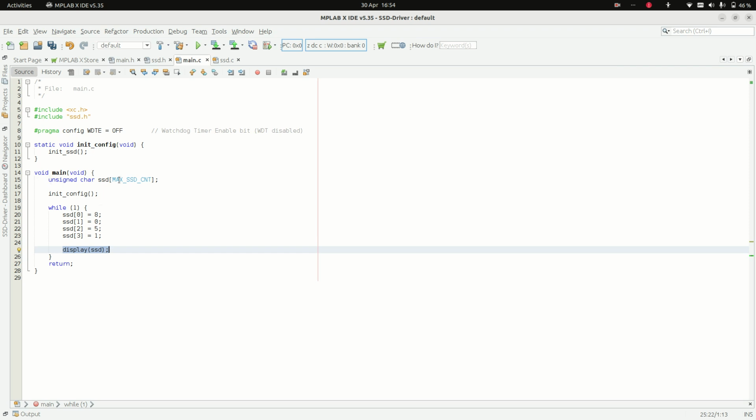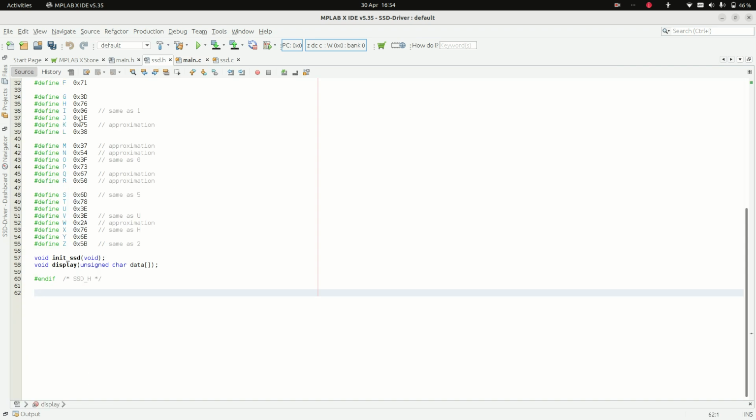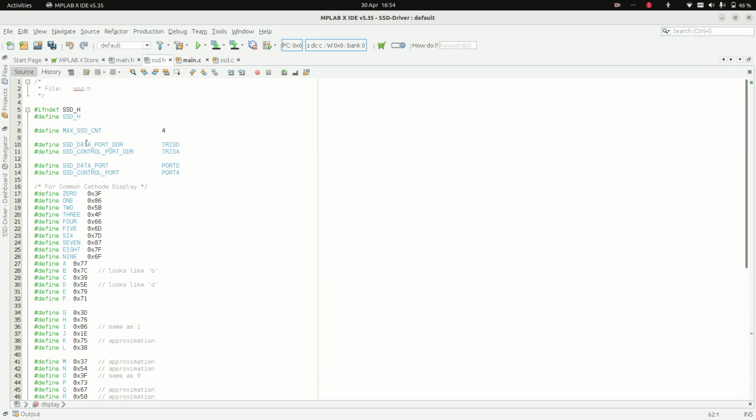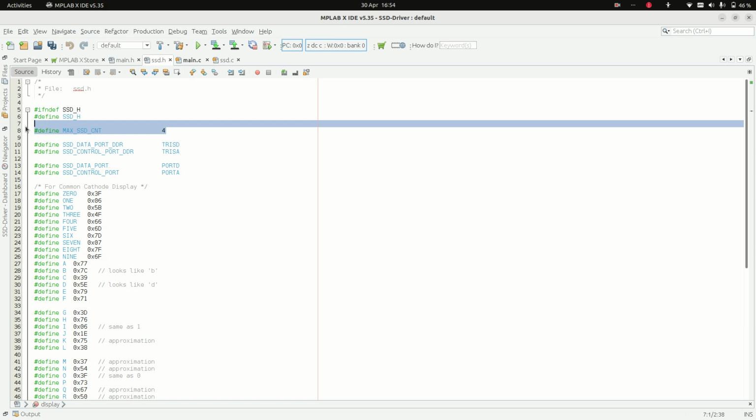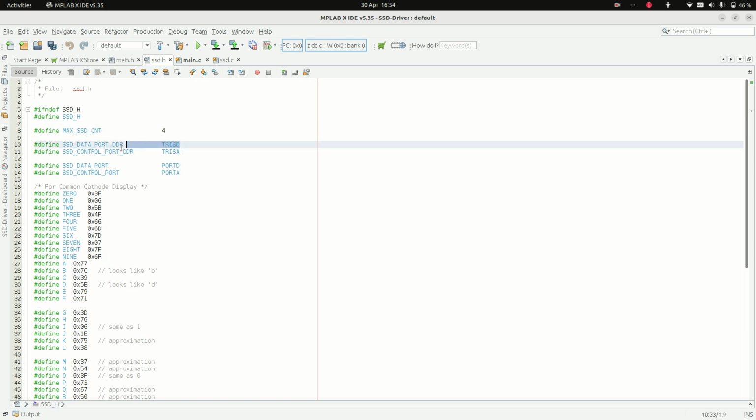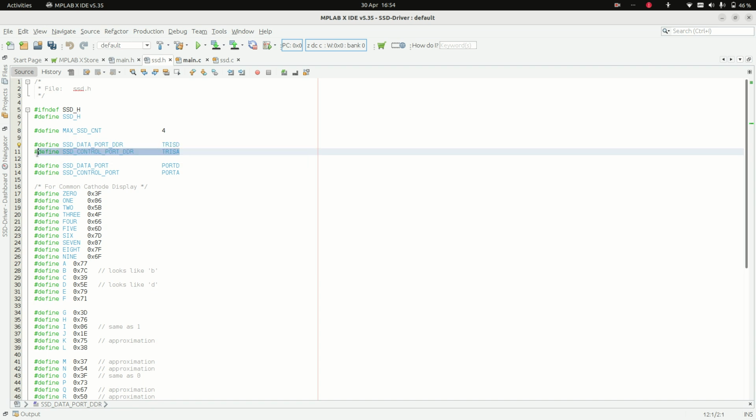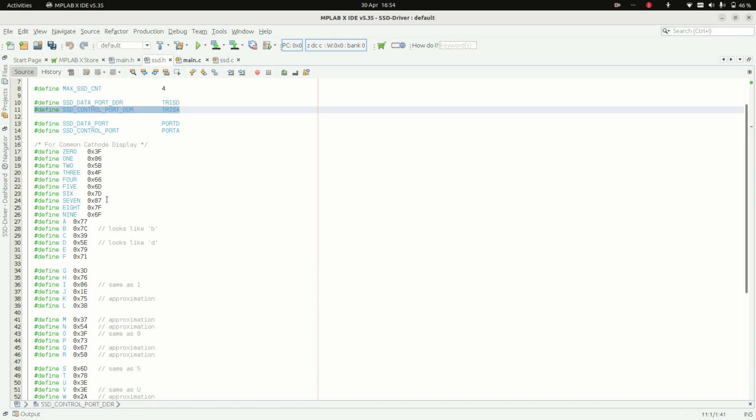Here you can see max SSD count. We have 4 SSDs, right? So that's why max SSD count is 4. Here we use port D for the SSD data lines, and for the control lines we use TRISA.